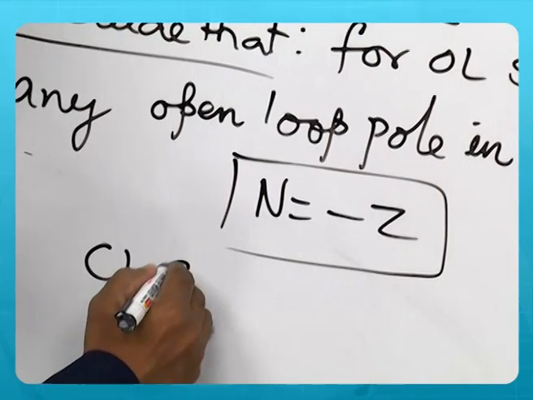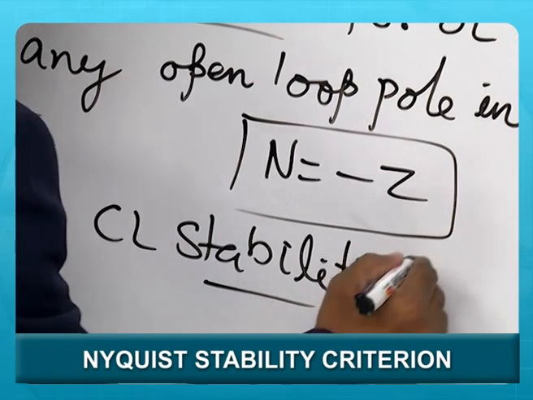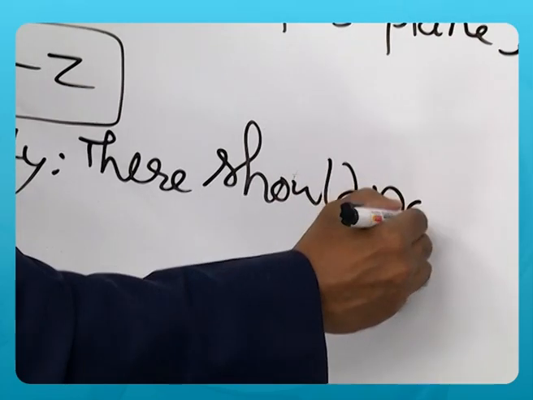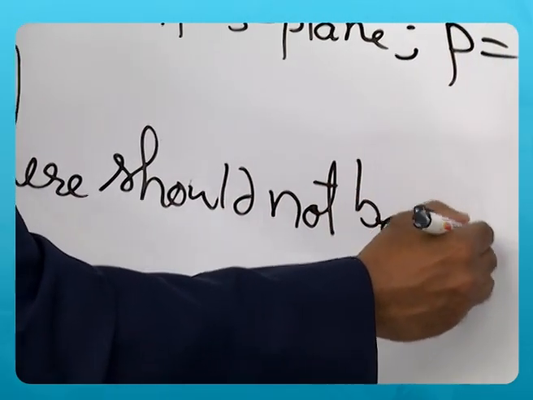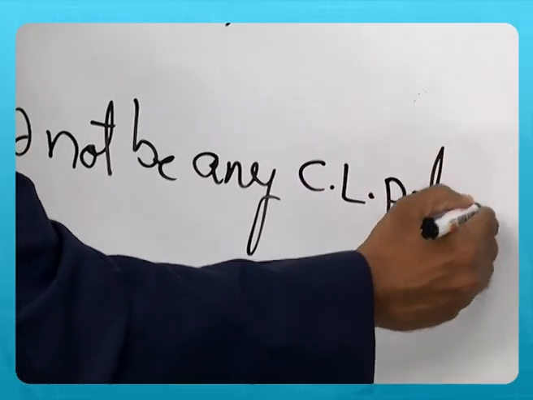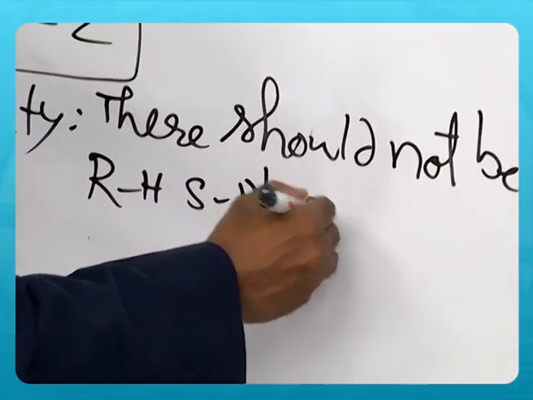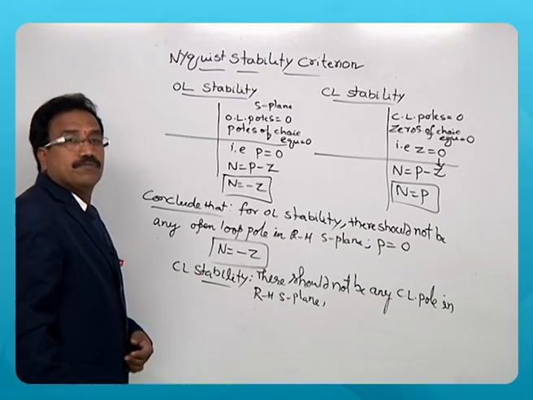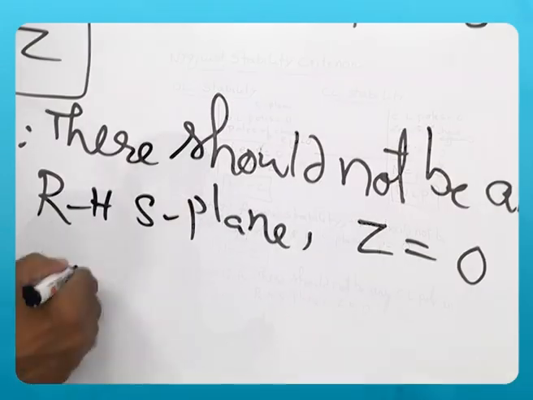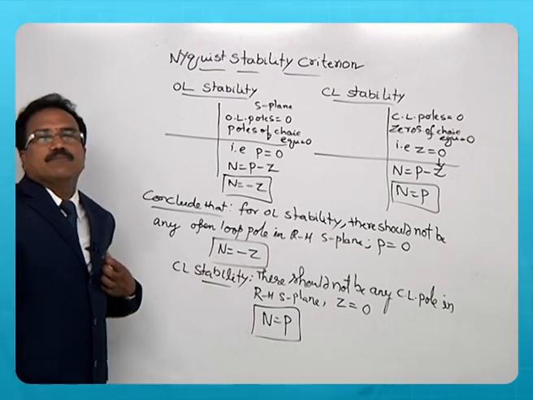Similarly, for closed loop stability, there should not be any closed loop pole in the right half of the S-plane. That is nothing but zeros of the characteristic equation, that Z should be 0. So we can say that n must be equal to P for closed loop system stability.